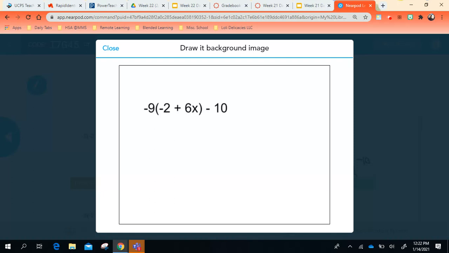My answer is 18. So first off, you can get rid of the parentheses once you've done that math. You don't have to put parentheses anymore.